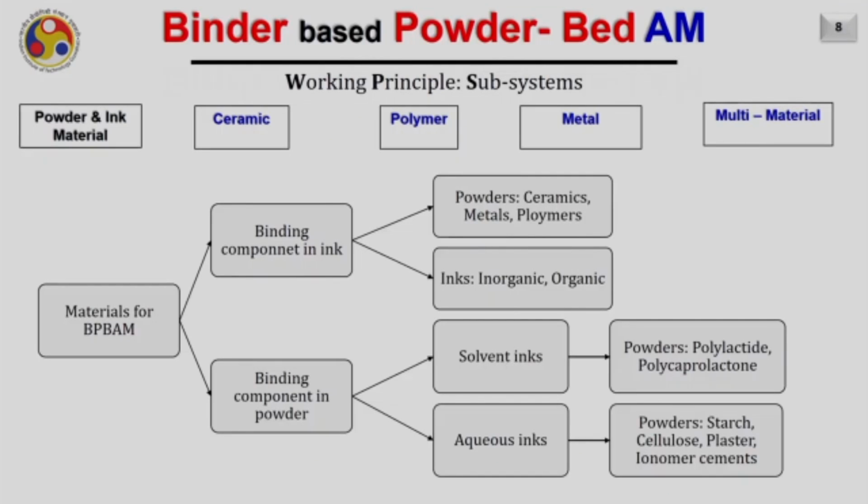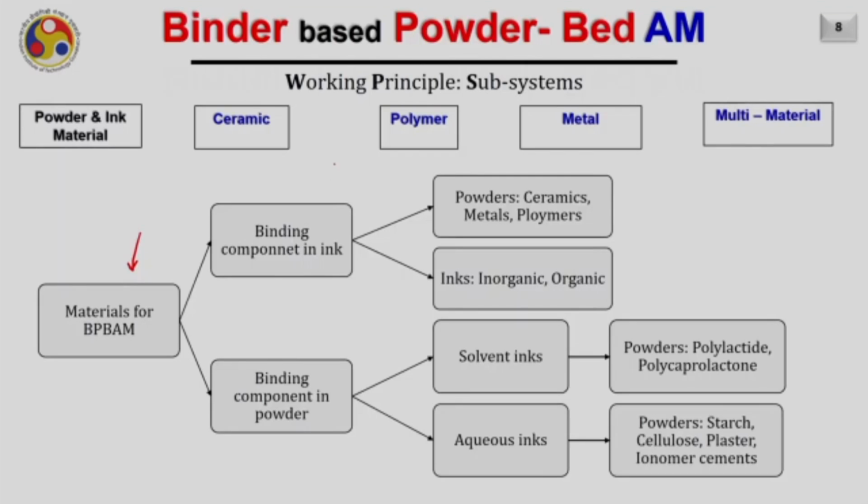So the typical materials used for binder based powder bed additive manufacturing are highlighted here. There are two possibilities. The binding agent can come from the ink which is falling from the top, or the binding agent is available within the material itself which is spread onto the powder bed.